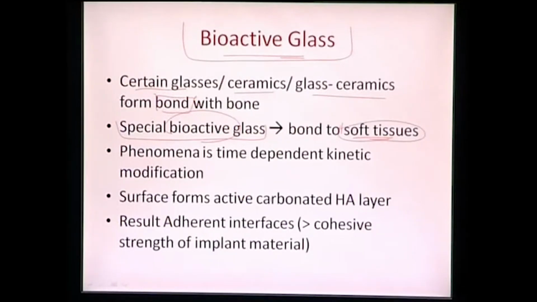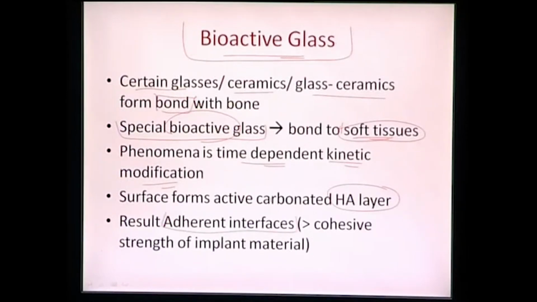And again the phenomenon is time dependent, and also needs certain kinetic modification of those particular materials, so that the surface can form a carbonated hydroxyapatite layer, which is highly compatible with the bone cells which are growing, and at the same time results in adherent interfaces.